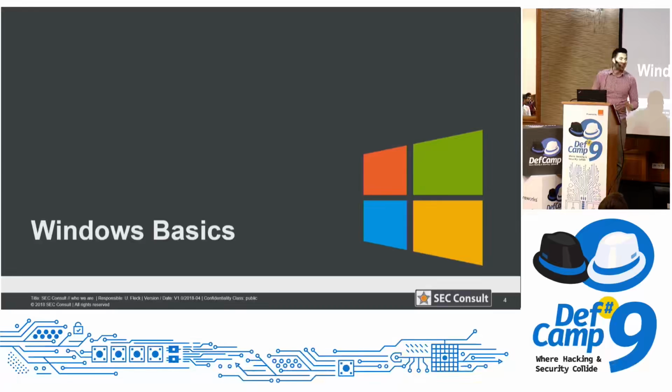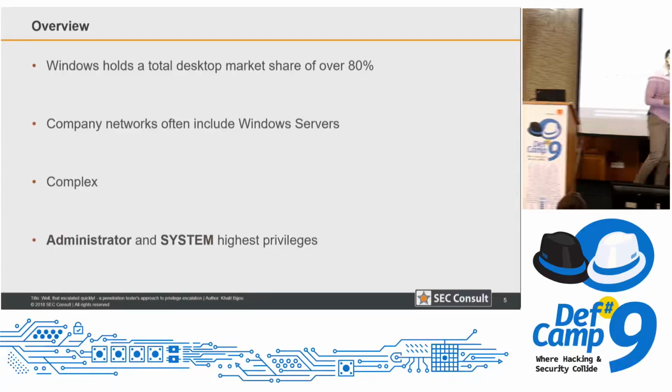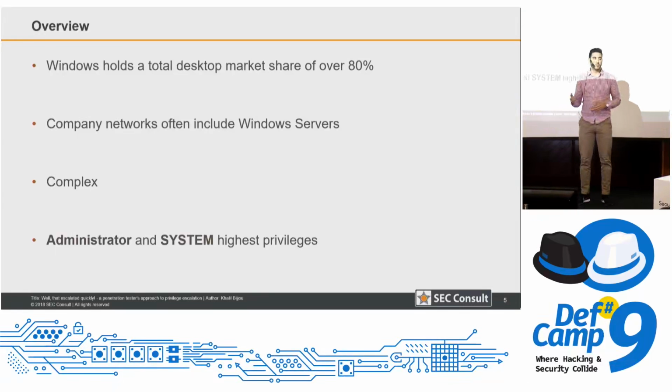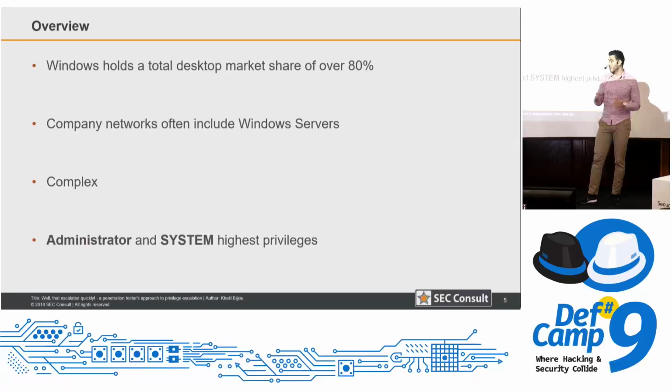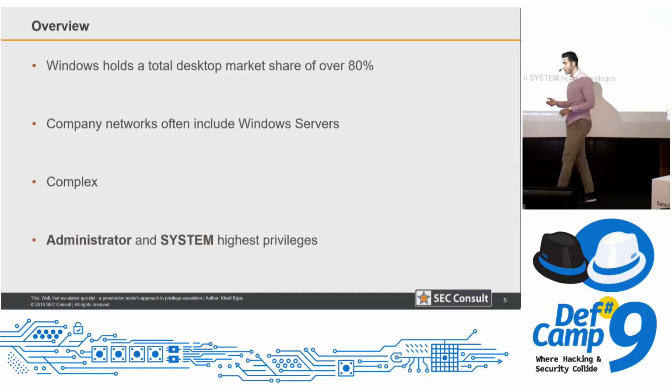So we have to talk a little bit about Windows and its basic components. Windows is the de facto standard in the company networks. Most companies, most big companies, most banks use Windows as an operating system for their employees' computers, laptops, and workstations. It holds a market share of over 80%, so it's the dominant operating system.